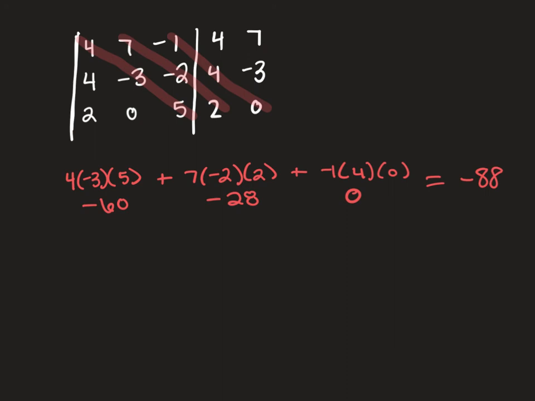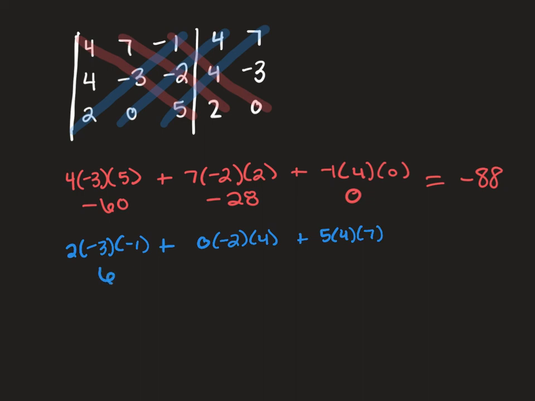Okay, then we're going to go the other direction. We're going to go up from the bottom left. So I'm going to do my 2, -3, and 1, my 0, -2, and 4, and my 5, 4, and 7. So again, I have 2 times -3 times -1, 0 times -2 times 4, and then 5 times 4 times 7.